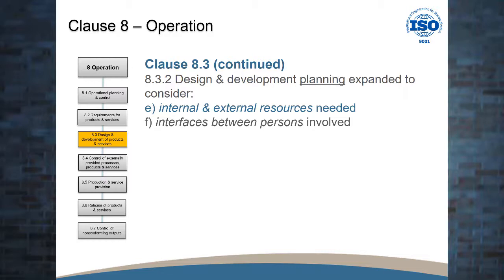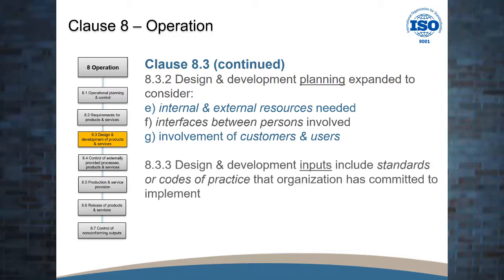Maybe you need external resources with regard to technical expertise or some subject matter expert or a special process, and then interfaces between persons. Involvement of customers and users. So this is something that's also very new, which is involving your customers and perhaps even the end users of your product or services up front in the design and development planning side.